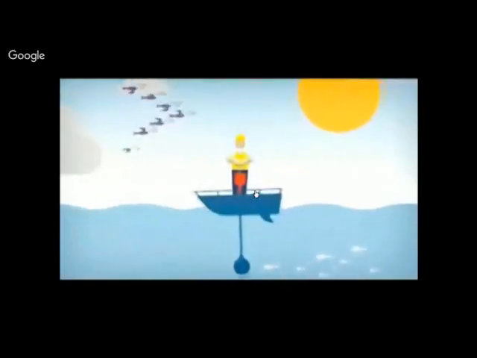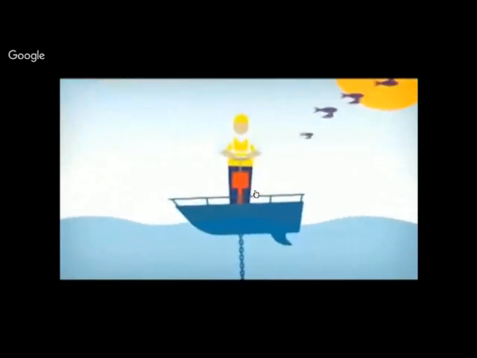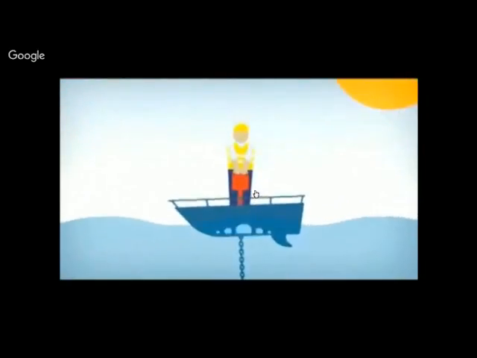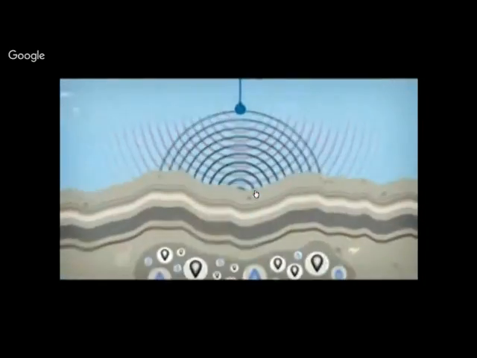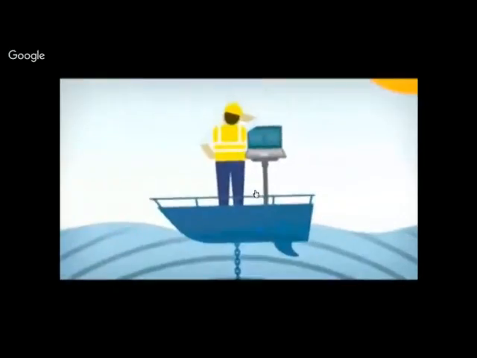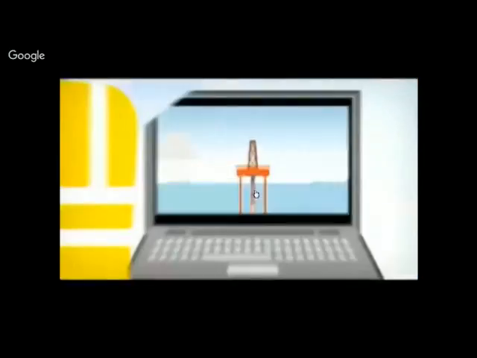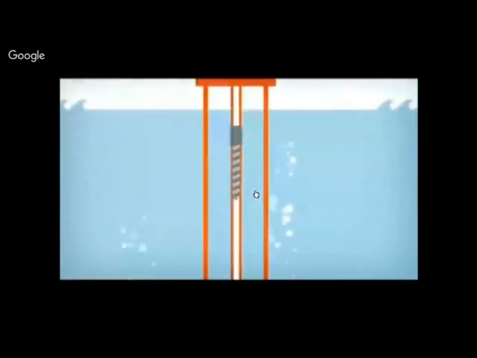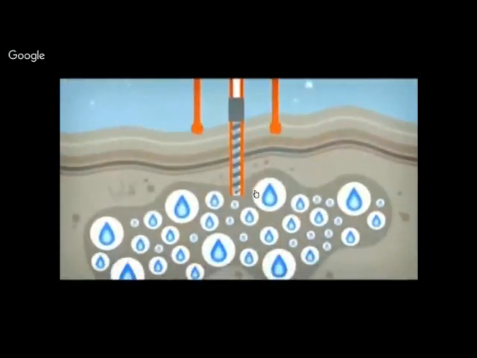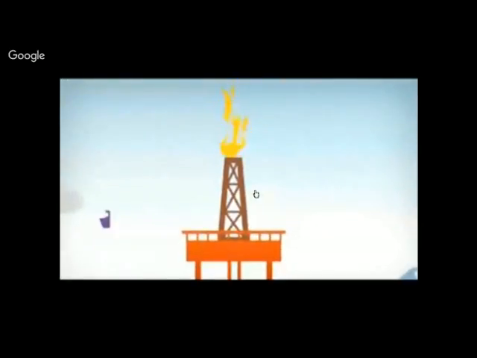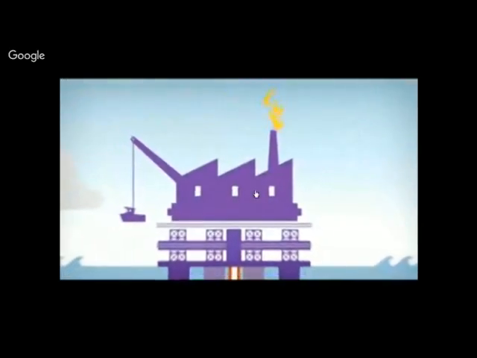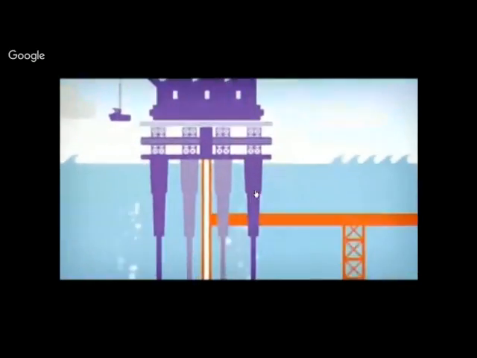Through seismology, it's possible to artificially create vibrations on the surface by using controlled explosions, and record how these vibrations are reflected back to the surface, revealing the properties of the rock layers beneath. Wells are drilled from a drilling rig to confirm the presence and quantity of gas in the rock, which travels up lengths of pipe once reached. If there is enough gas, the drilling rig is replaced by a production platform to collect and send it to the shore under pressure via pipeline.